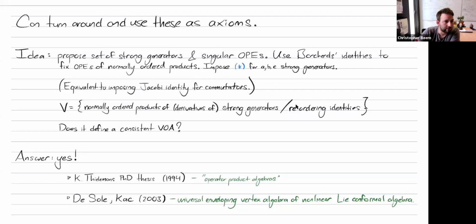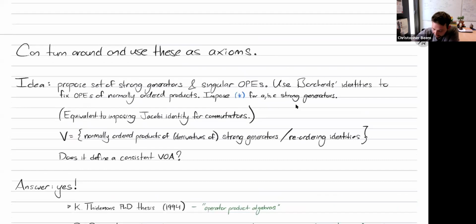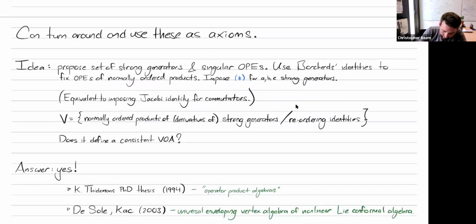So I don't have a vector space and an OPE structure already. I'm building it up. I'm going to propose a priori that I have a set of objects that are going to be called strong generators. And I'm going to prescribe their singular OPEs to tell me about some of the actions of negative or positive modes of one acting on another. And then you use these identities that I had above, which are elsewhere called Borcherds identities, in order to, first of all, fix the OPEs between my generators and normally ordered products.